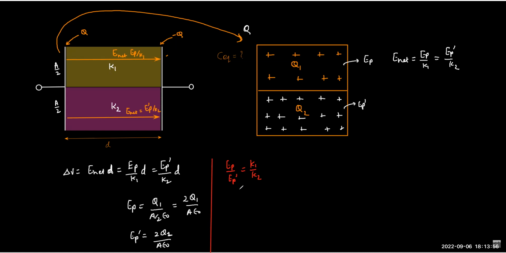So EP by EP dash will come in the ratio of Q1 by Q2, that is K1 by K2, because EP and EP dash we have already written. The ratio of charge will be in the ratio of dielectric constant. That is a very nice relation.